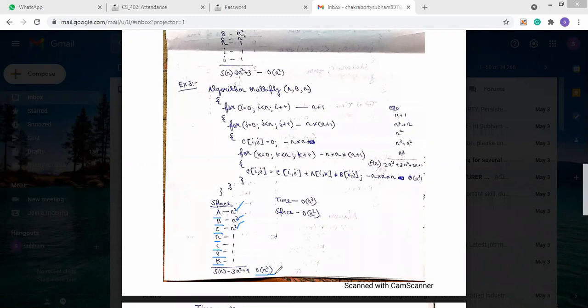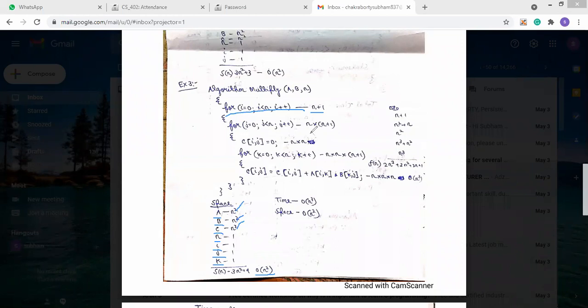That's why you have seen that the first time we consider our outer loop as n plus 1 times, and all the loops or statements present inside the outer loop are considered n. Then it will be n into n plus 1, then again n into n plus 1 into n plus 1, like that.